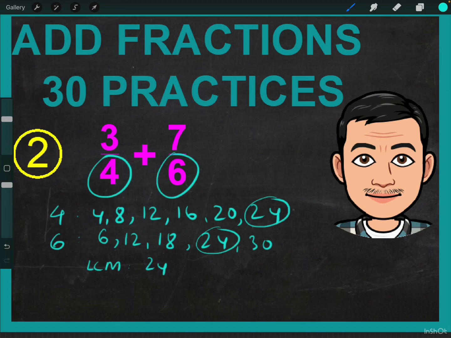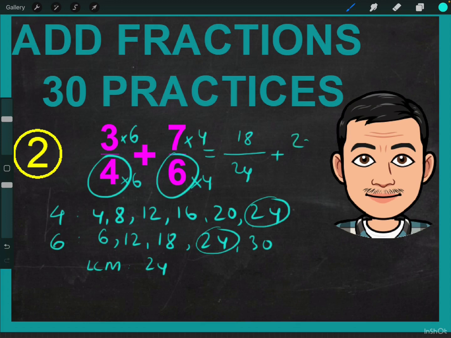From there, we convert the fraction 3/4, so we multiply 6 to both numerator and denominator. We got 18/24. And for the second fraction, we multiply 4 to both 6 and 7.